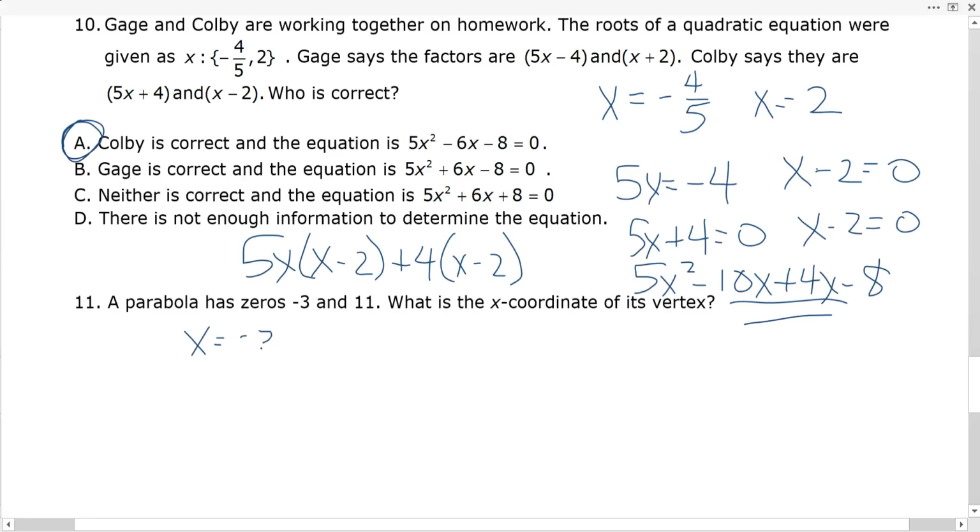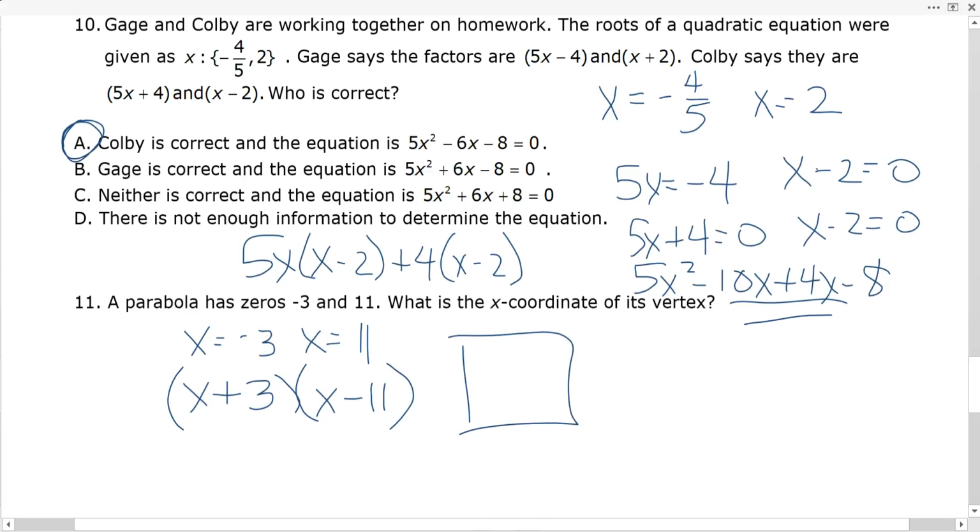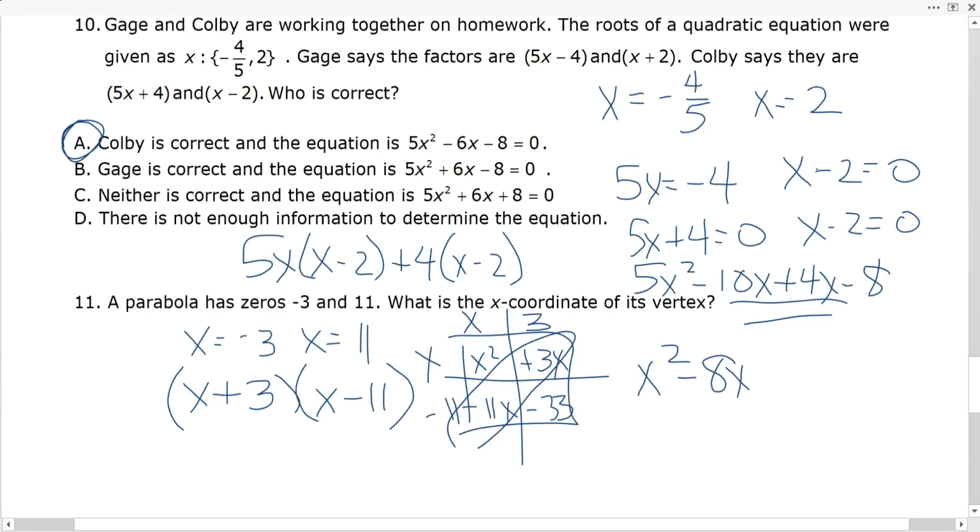X equals -3, x equals 11, x plus 3 times x minus 11, x squared plus 3x minus 11x minus 33, x squared minus 8x minus 33. Okay, equals 0.